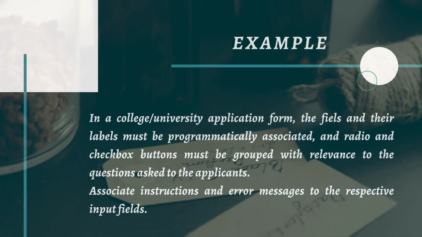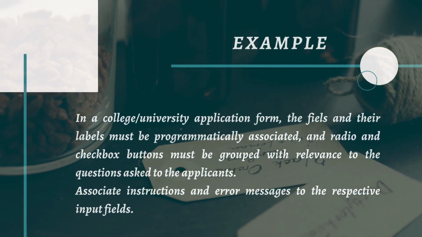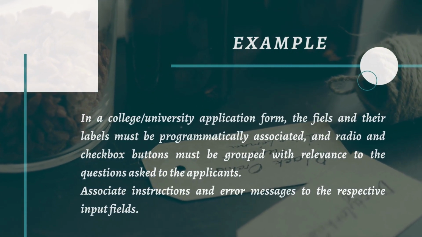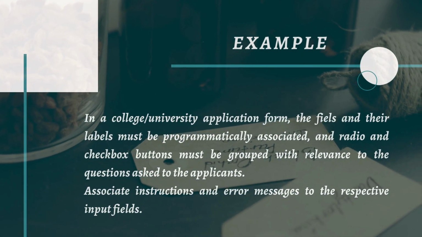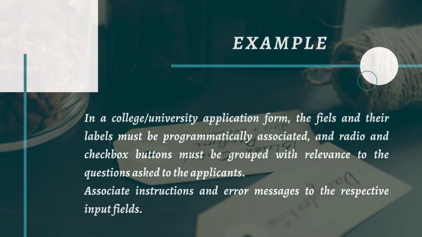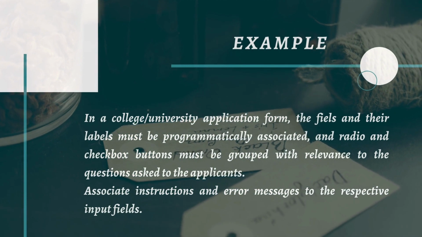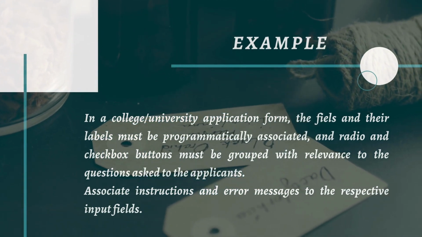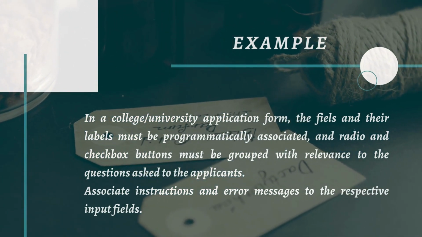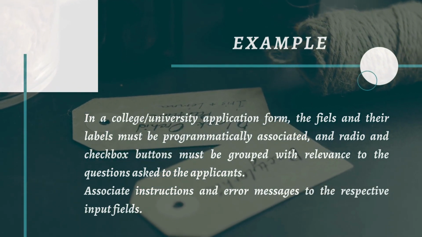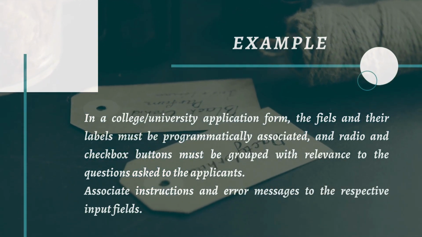Let's look at one example. In a college-university application form, the fields and their labels must be programmatically associated, and radio and checkbox buttons must be grouped with relevance to the question asked to the applicants. Associate instructions and error messages to the respective input fields.